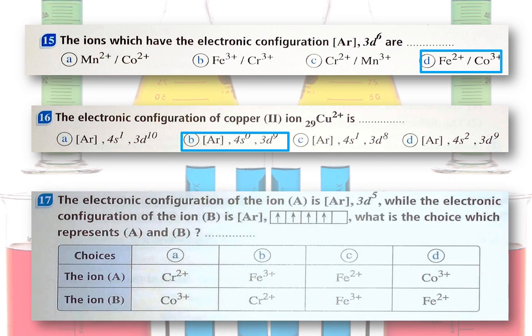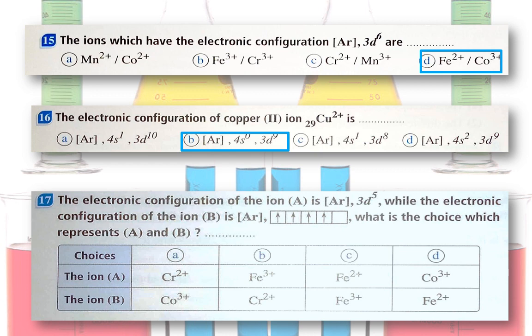Another question, the electronic configuration of ion A is argon 3d5, while the electronic configuration of ion B is argon 3d4. What about our choice? The ion A represents what and the ion B represents what?